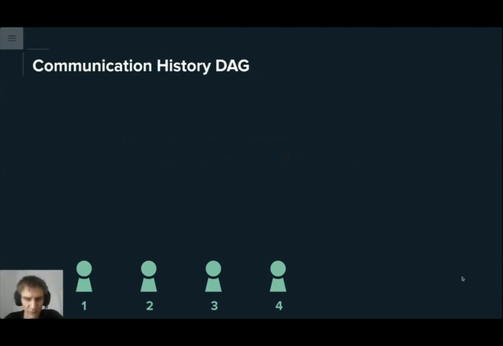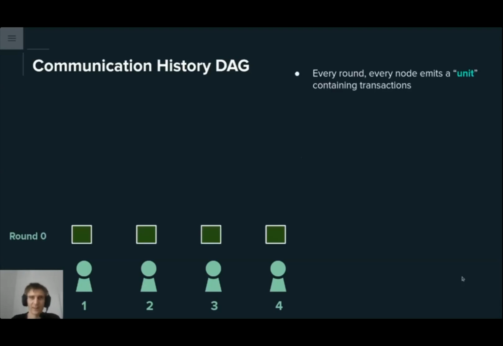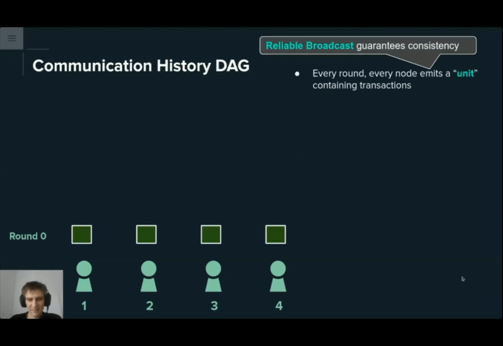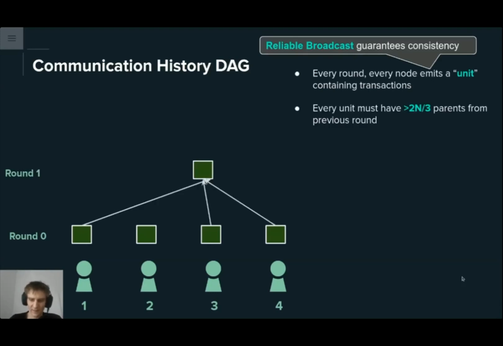Assume there are 4 nodes in the protocol. One of them might be faulty. There will be rounds, and in each round, each node is responsible for producing 1 unit of data. There is a rule that every unit, except for the unit in round 0, must have 2n/3 parents from the previous round.